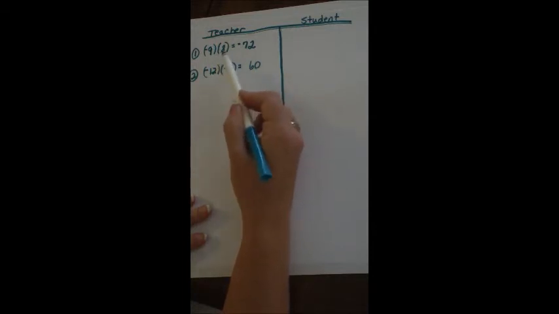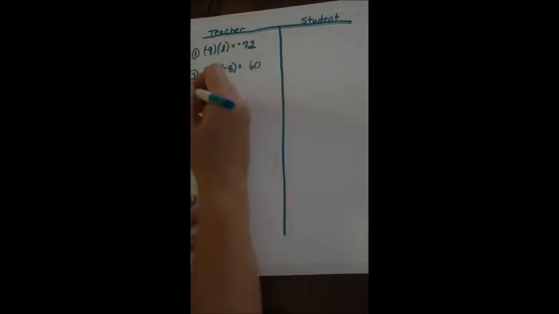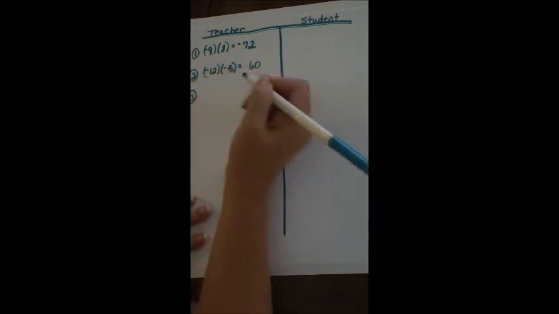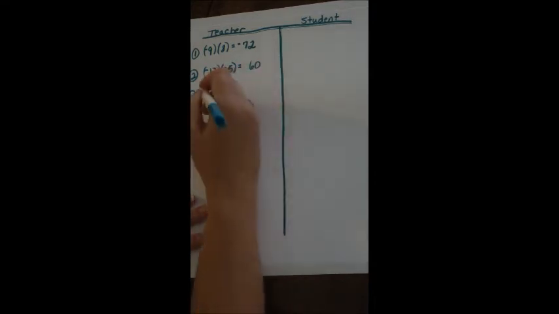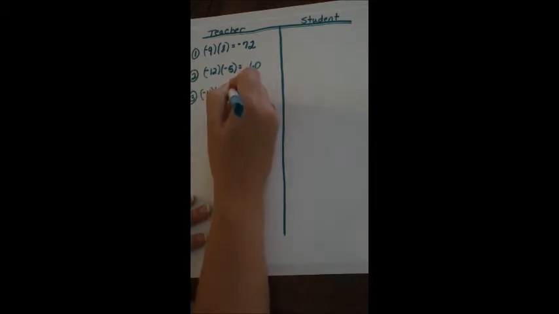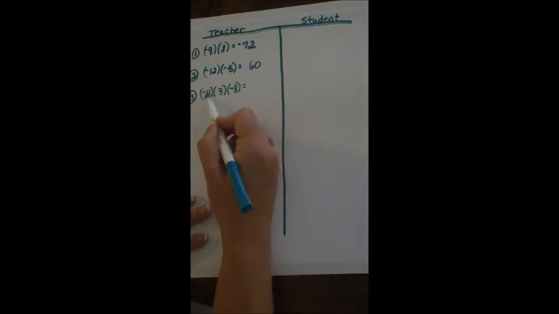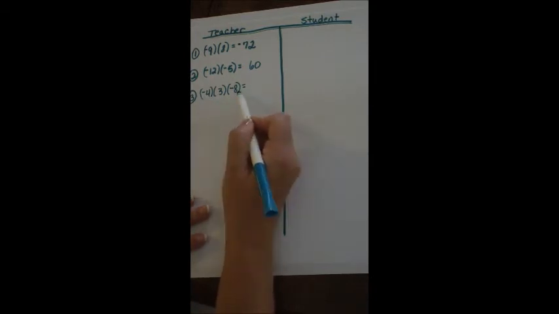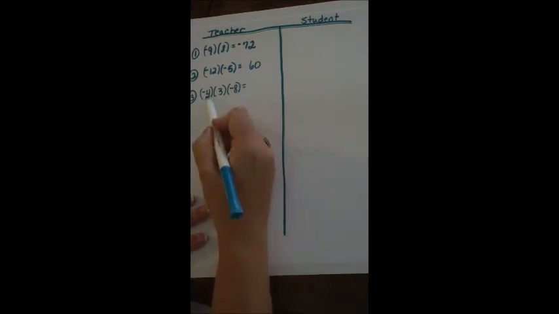Now this works 2 numbers at a time. If you're given more than 2 numbers, let's say -4 times 3 times -8. You can do this one of 2 ways. You can do it 2 numbers at a time, working from left to right, and you can say 4 times 3 is 12.